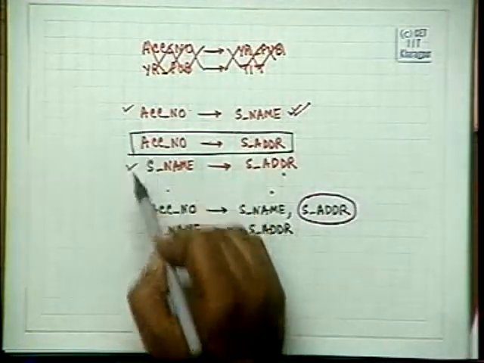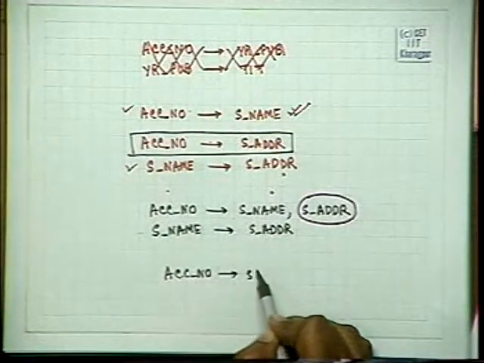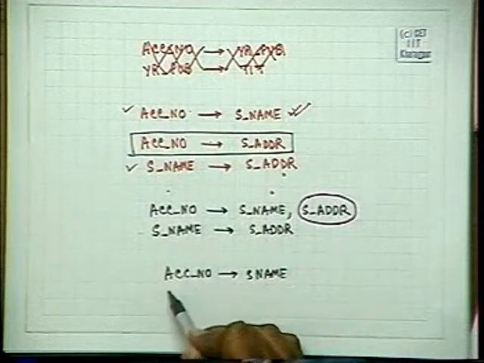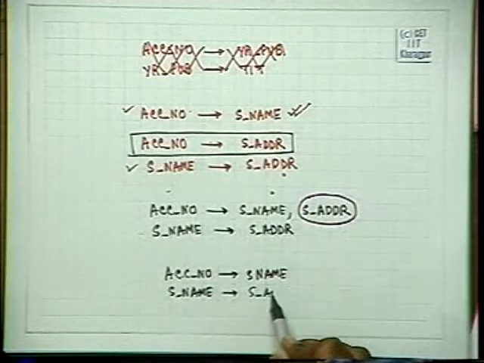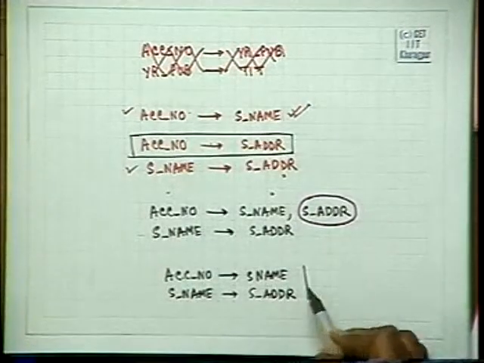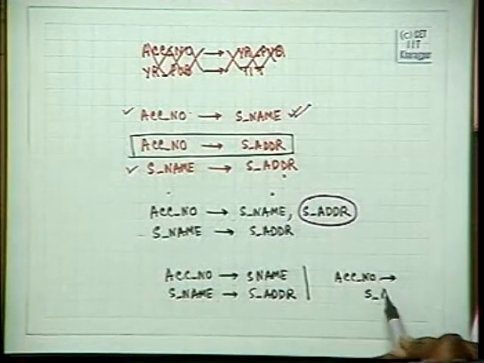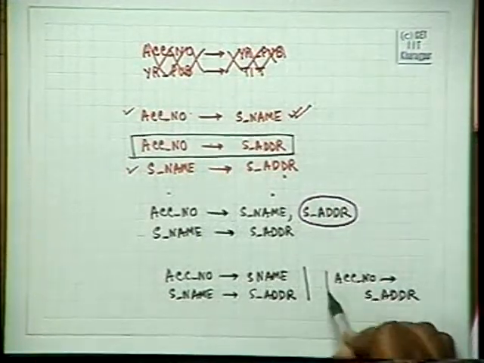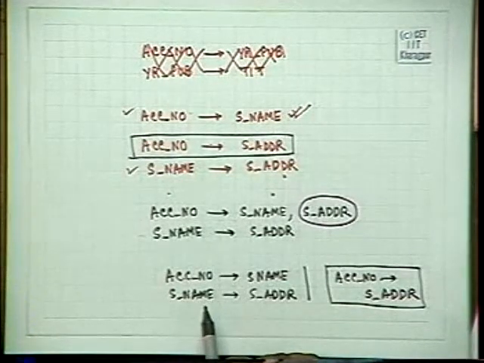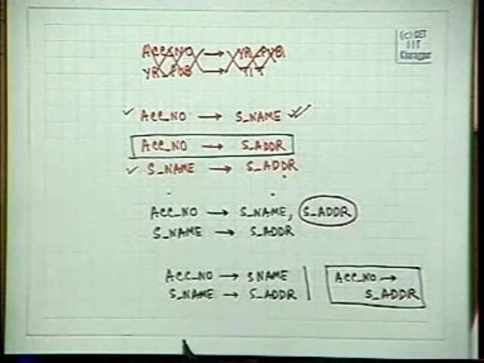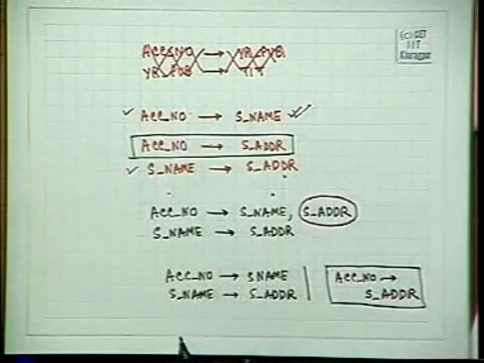That is, accession number to S name and S name to S address, we have shown that these two together imply accession number to S address. Now, is there any other thing that we can derive from this? Is any other functional dependency available?